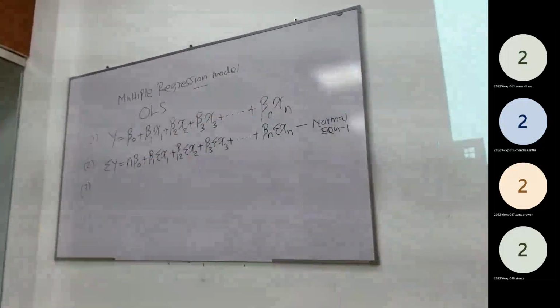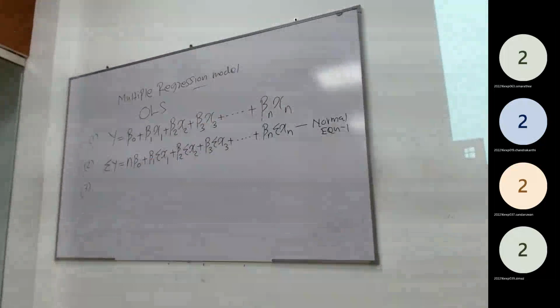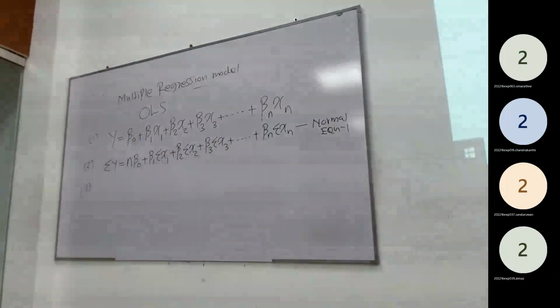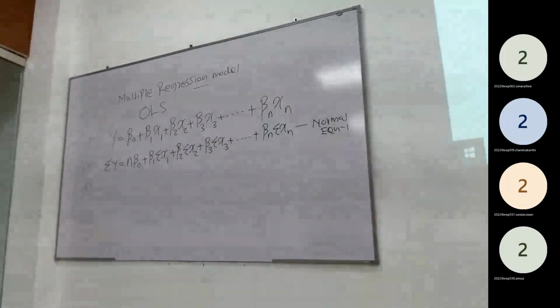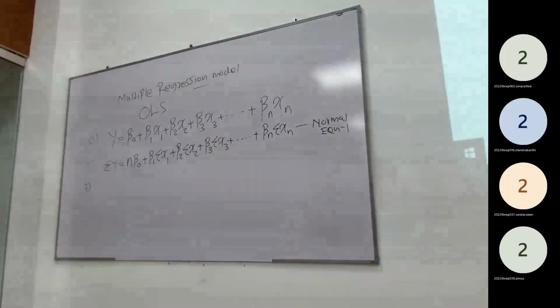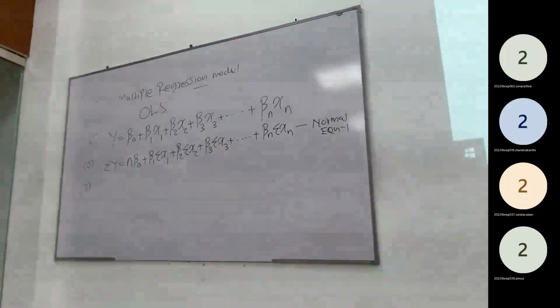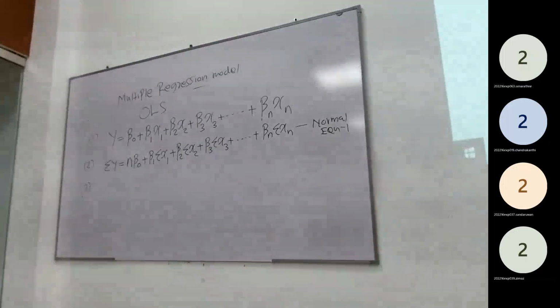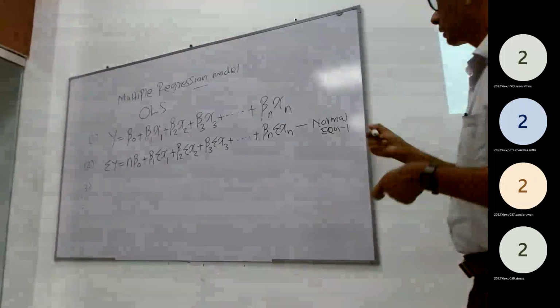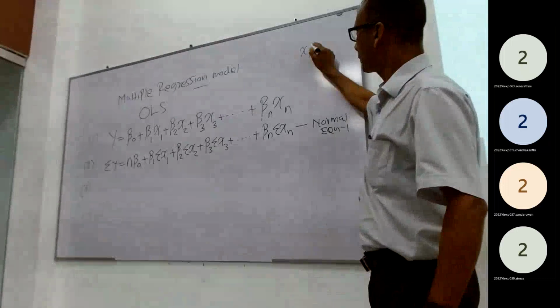Multiply the model by independent variable 1. That is x1, within brackets x1.